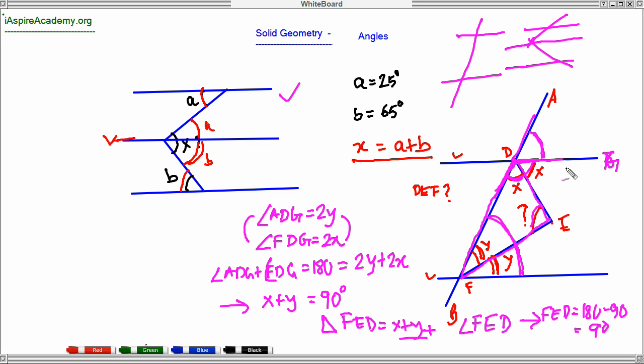In this example, we not only used the laws of parallel lines, but also the laws of the triangle, meaning the sum of all angles in a triangle is 180 degrees. So that's pretty much all the basic knowledge necessary involving angles. With this, I hope that you should be able to solve most of the angle related problems.